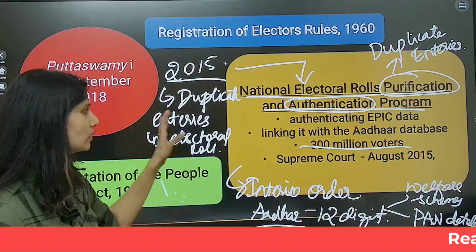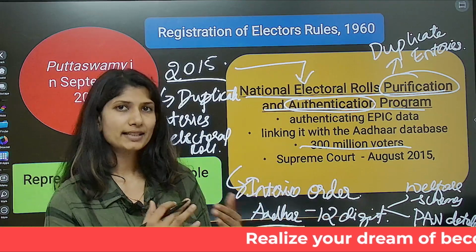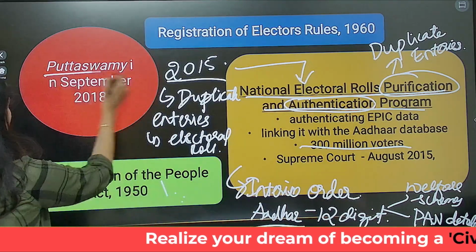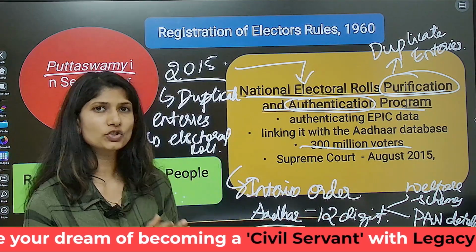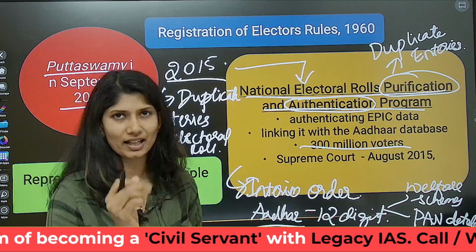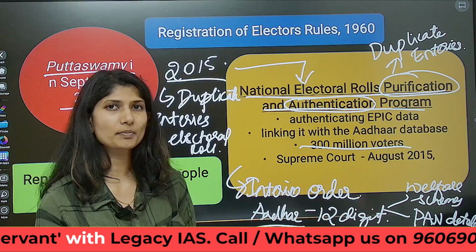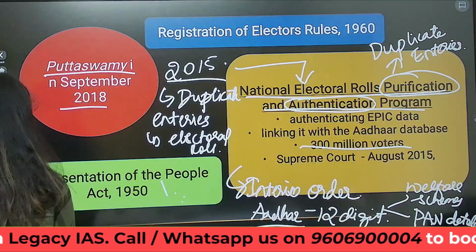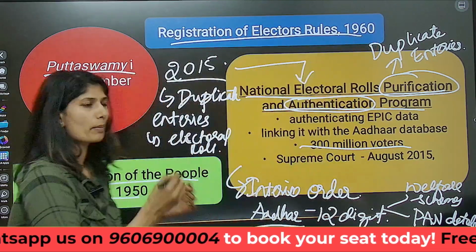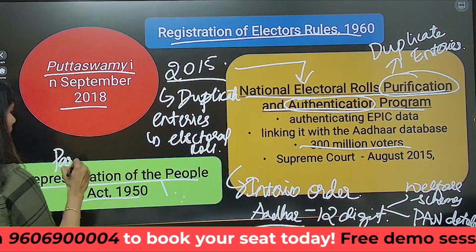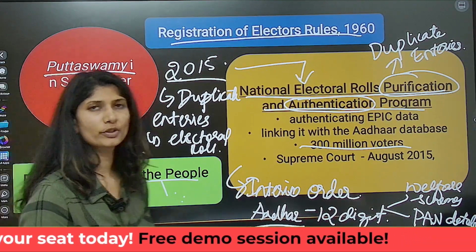This was your 2015 interim order. Then what happens is, your Justice Puttaswamy case, that's your right to privacy, it deals with. In this, the Supreme Court upheld Aadhaar. When the Supreme Court upheld Aadhaar, what did it mean? The Election Commission now can go for registration of electoral rules, and Parliament also amended the Representation of the People Act of 1950.